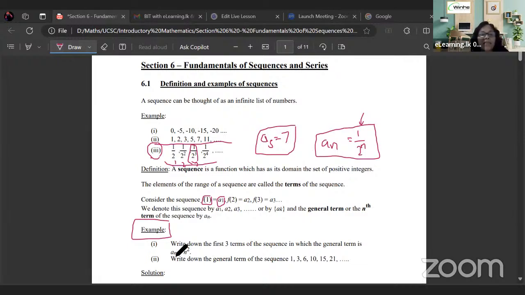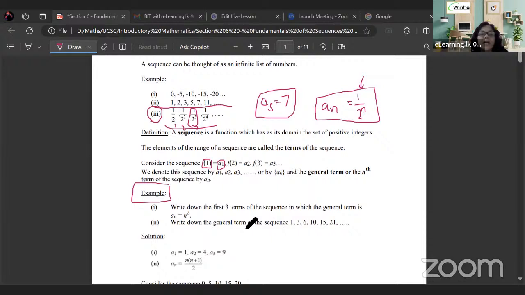When n equal 1, the first term is 1 squared. When n equal 2, it gives the second term. The second term is 2 squared. N equal 3, it gives the third term, then 3 squared. Then what are the first 3 terms? 1, 4, and 9.